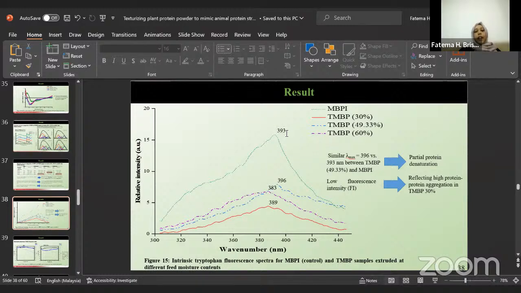The 393 lambda max is for mung bean protein isolate, which is unprocessed. For the red color, which is 30%, and purple, 60%, they have gone down a lot, and the intensity is also much less, which shows us again that the third folding has also been changed after the extrusion.